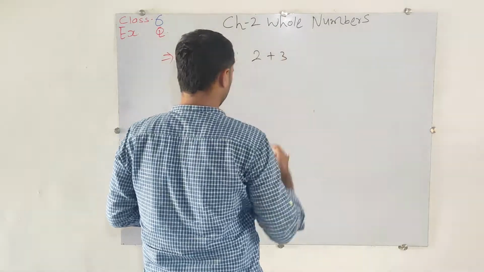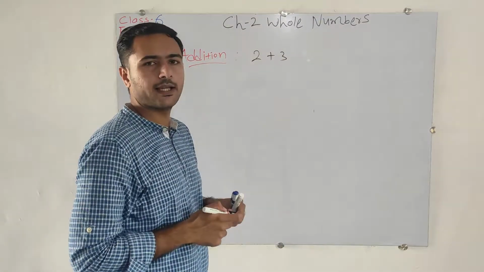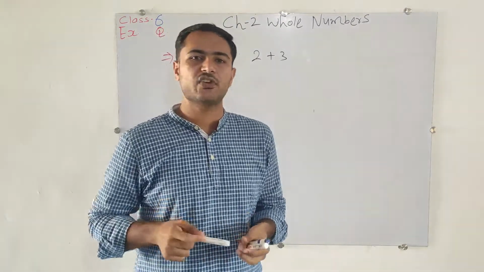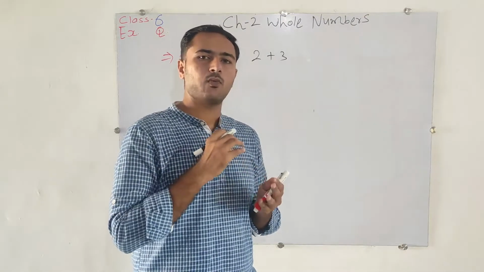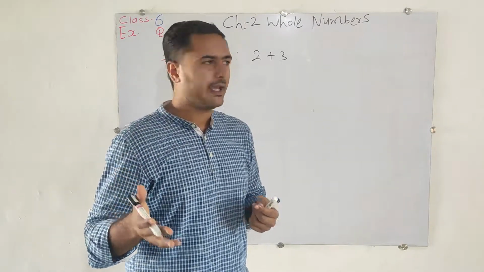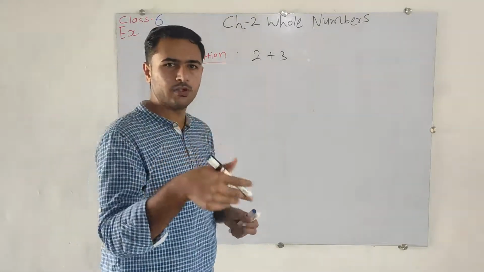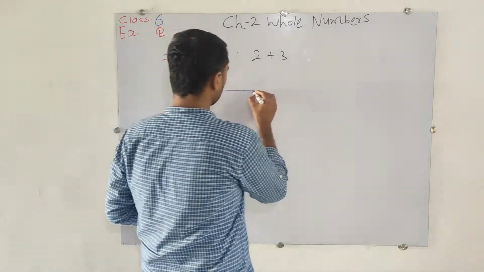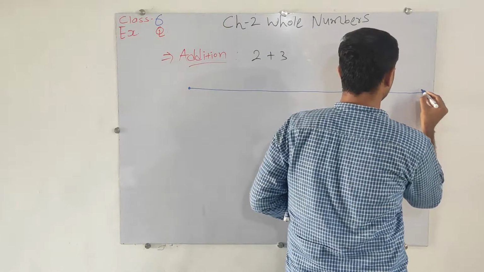If you want to do 2 plus 3, it is the same process as we did for natural numbers. First of all, draw one number line, then place the numbers on the number line. First of all, I am going to draw one number line for the whole numbers.